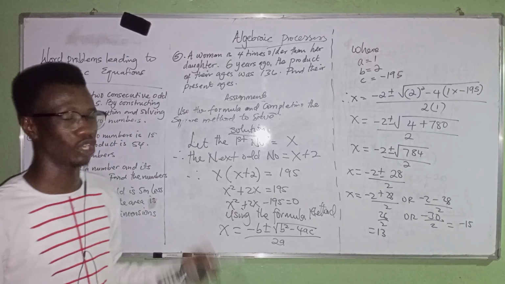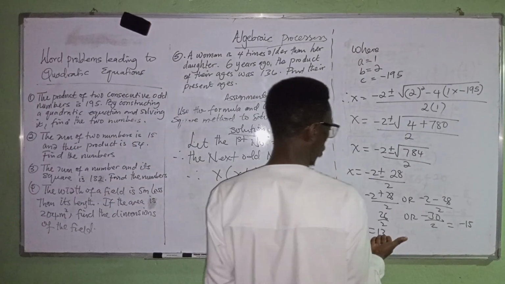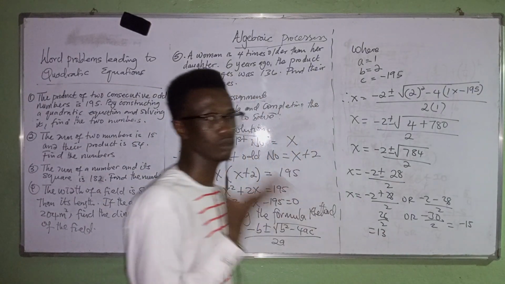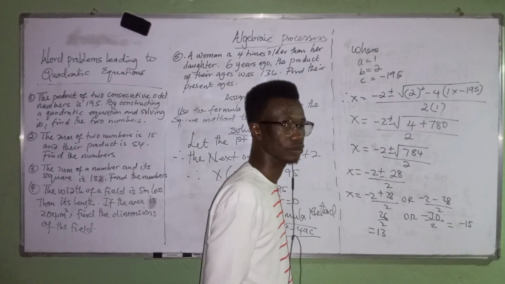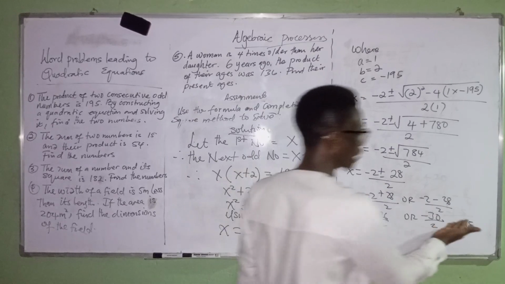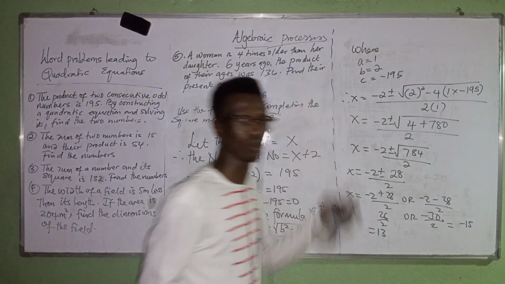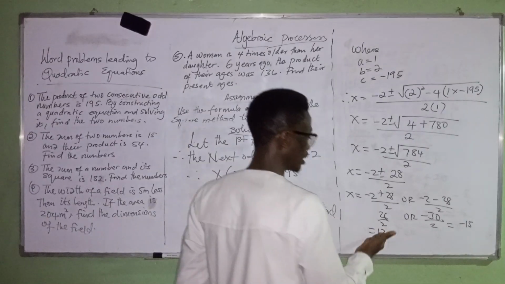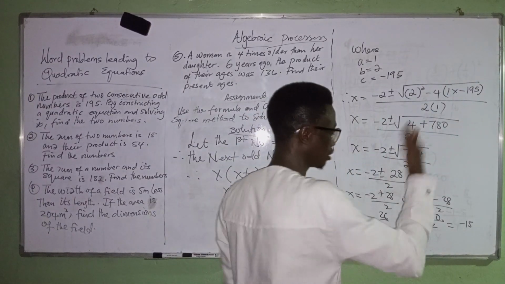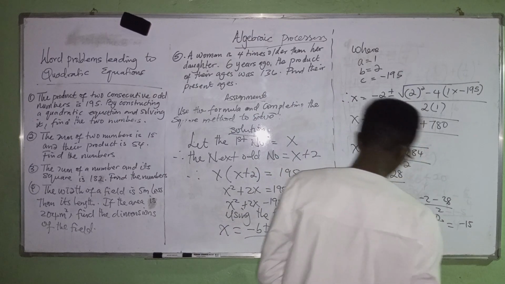So it depends on which one you want to take. If you want to use this one, then all of them have to be positive. If you are using this, they have to be negative. Okay, so consecutive, after minus 15, you are going to what? Minus 13. And this, you are moving upward, 13, then the next one is 15.